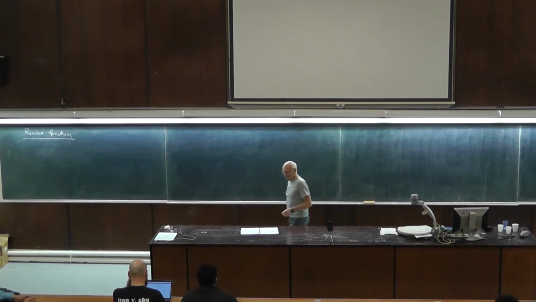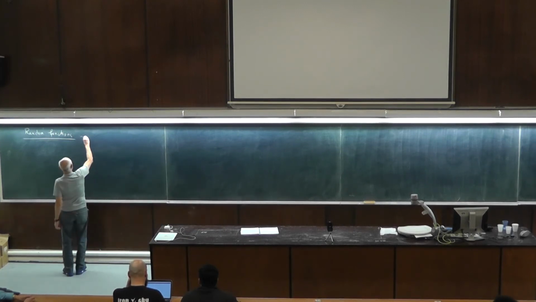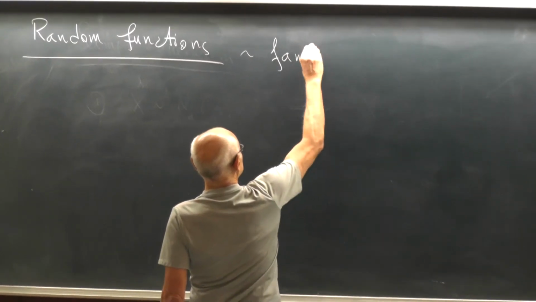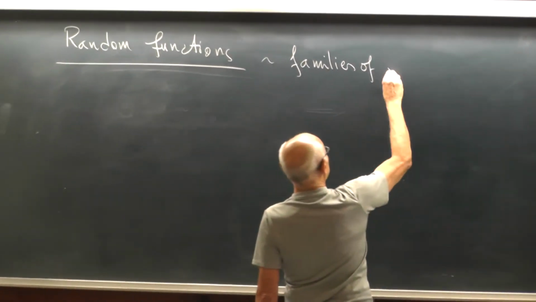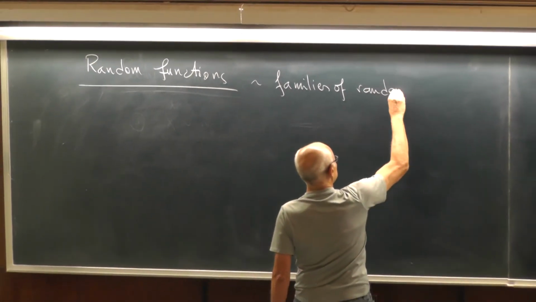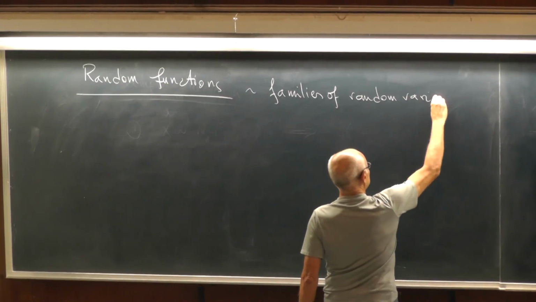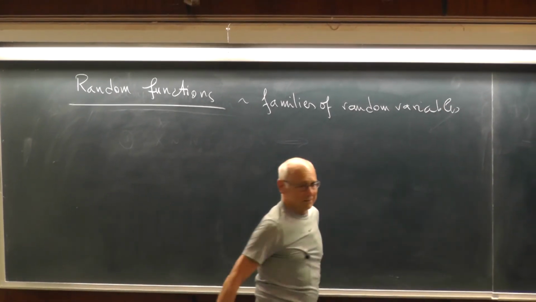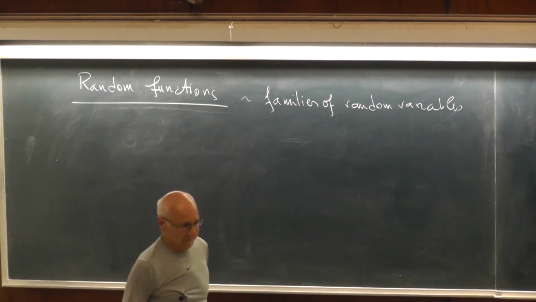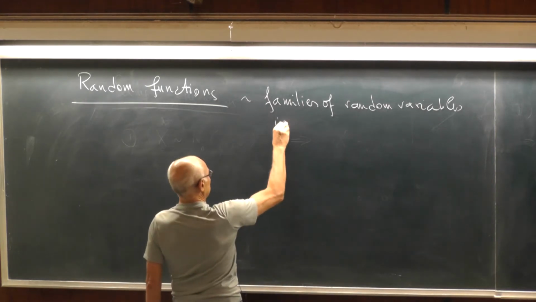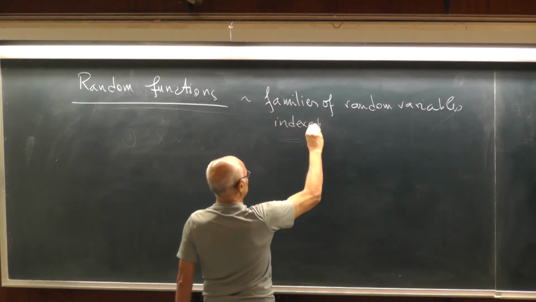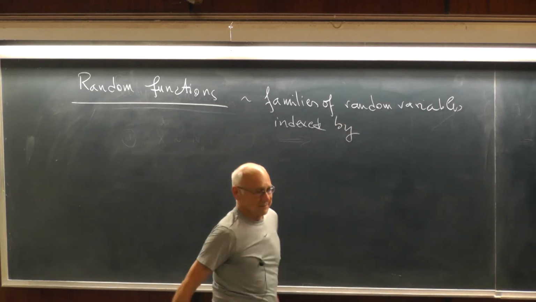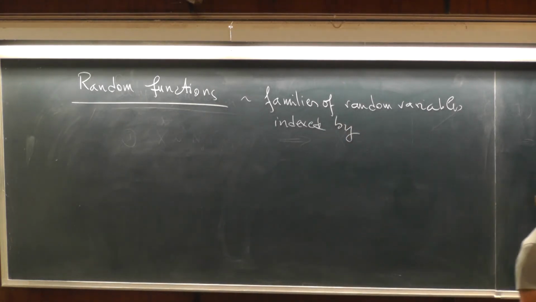So let's think of random functions as families of random variables, which are indexed by various things: time, argument, space, argument, time, space.